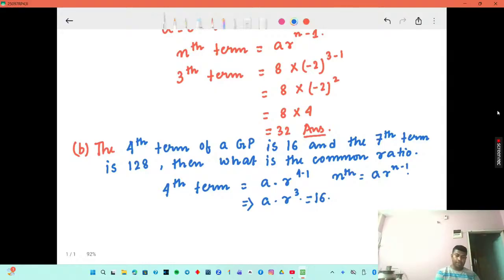The fourth term of the GP is 16. Now what is the seventh term? Seventh term is equal to a into r to the power 6, which is equal to 128. Is it clear to you, or do I need to explain how I have written it?